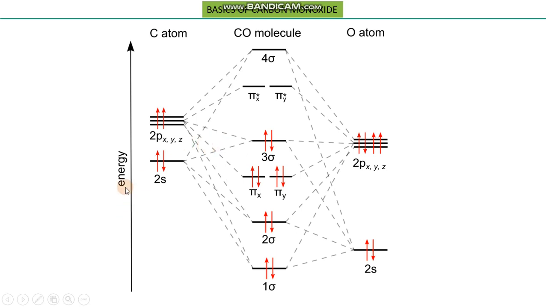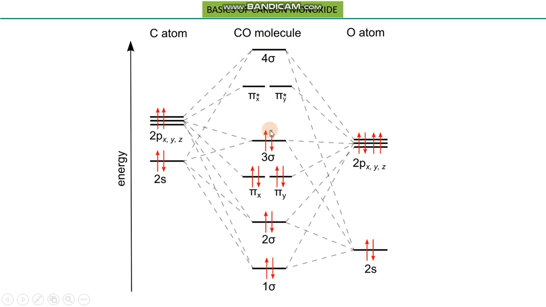Now in this case, the energy increases in this direction and we have to arrange these orbitals in terms of energy. We have to categorize these orbitals into two broad categories: orbitals which are occupied, and orbitals which are unoccupied.